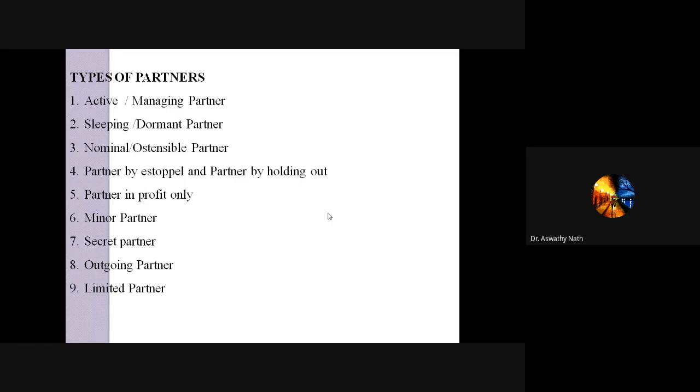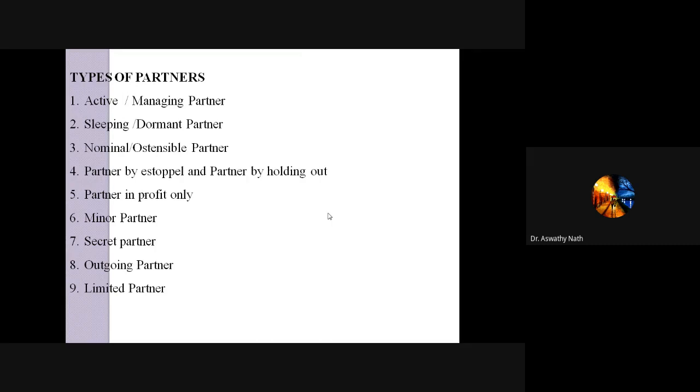And in the case of a minor partner, a new firm cannot appoint a minor partner, but the existing partners can appoint a minor partner only after getting the consent of all other existing partners.